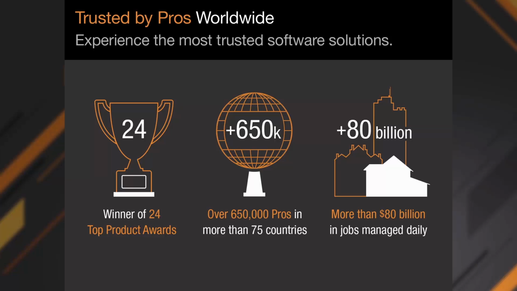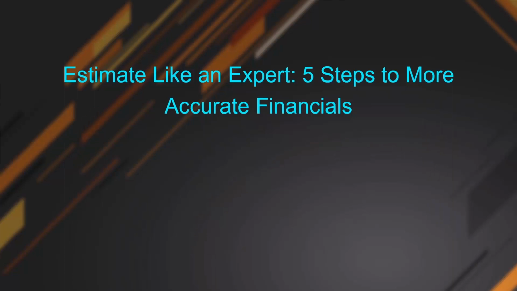And the foundation of that, of course, is an accurate estimate and budget for your team to work with throughout the project. So today, we're going to highlight the best practices to achieve accurate dynamic estimates that are going to cover your project from start to finish, from that planning phase all the way through job costing and invoicing.